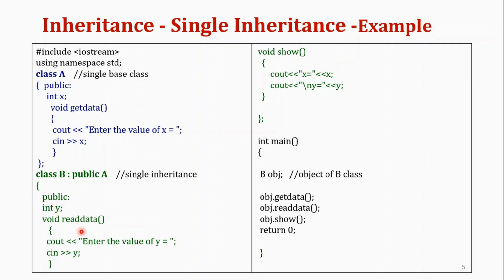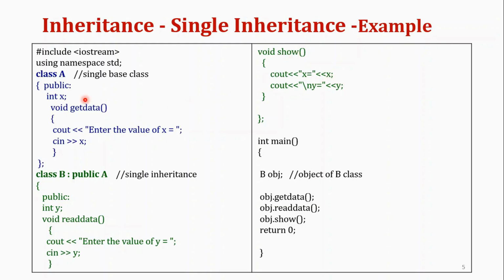Readdata reads the y value from the terminal in class B, and the show function in class B displays x and y, because x is inherited in public mode and is also available in class B.